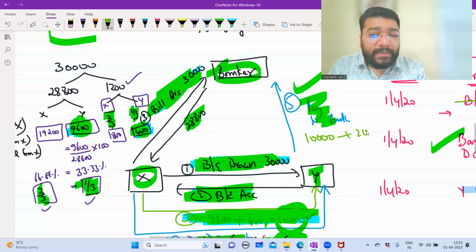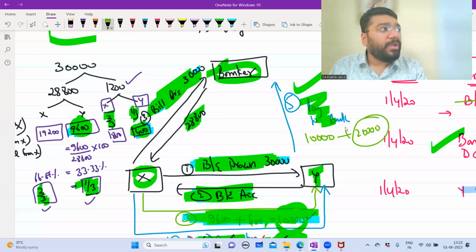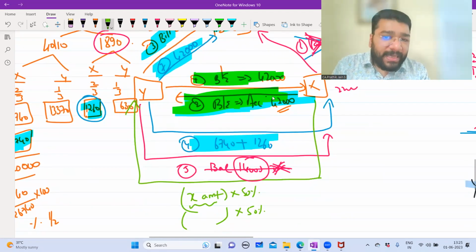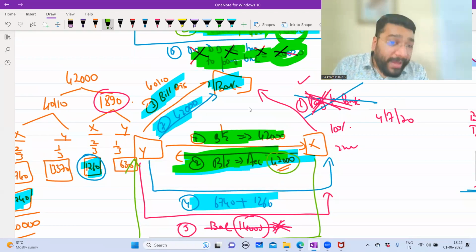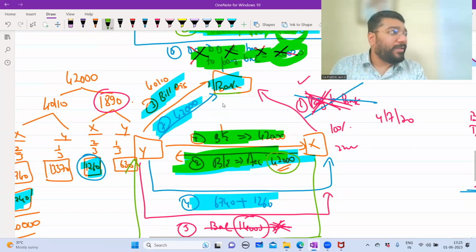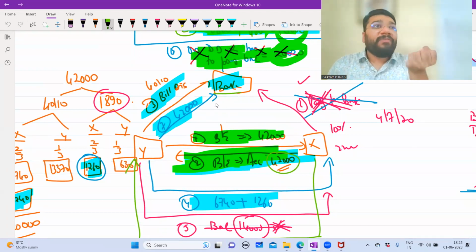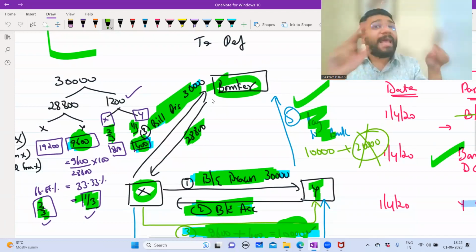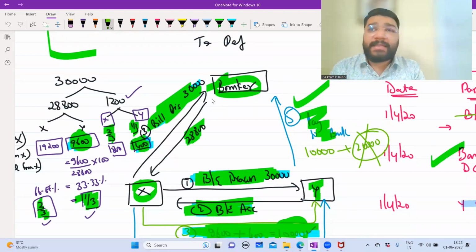He has to receive 20,000 from X. Now, on the due date, X is not paying 20,000. That is the reason Y is drawing a bill on X. X is accepting and giving it back. And Y is now discounting this bill with the banker. Now Y has got money. With that money, Y will make the payment to the banker. But this entire process will take some 2-3 days, because it doesn't happen in one day.